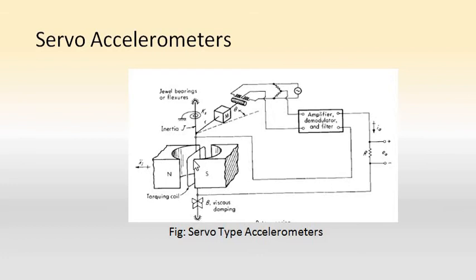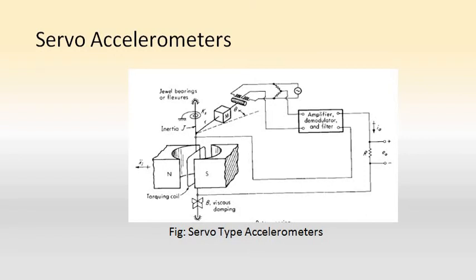It is applied to a coil suspended in the magnetic field. So this current flows through the coil, and as a result it will produce a magnetic torque on the coil, and this torque will cause the mass to return back to the neutral position. That is, it is a restoring torque. As I have told, here is a feedback mechanism.